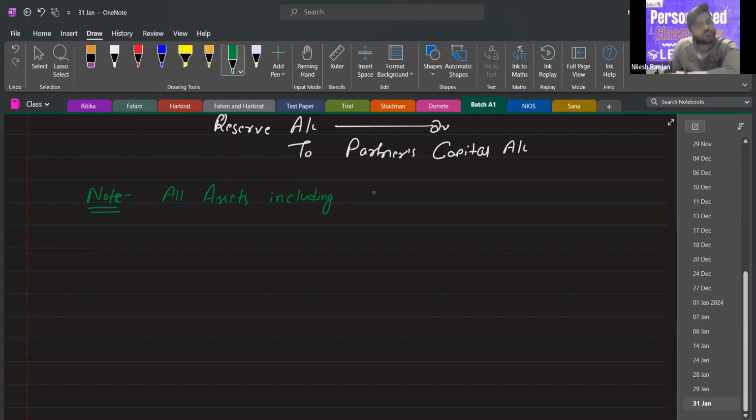So all assets, including goodwill, except cash, will be transferred to realization account.